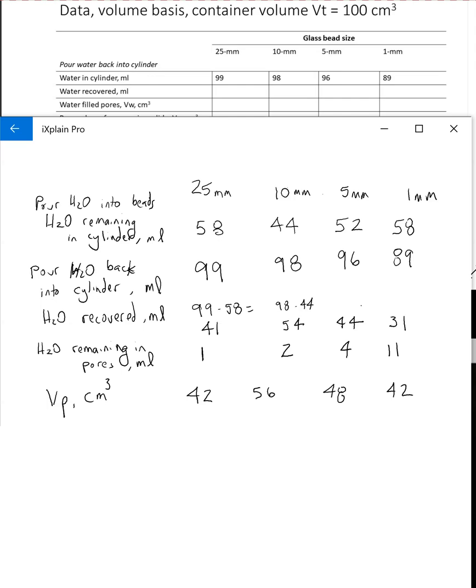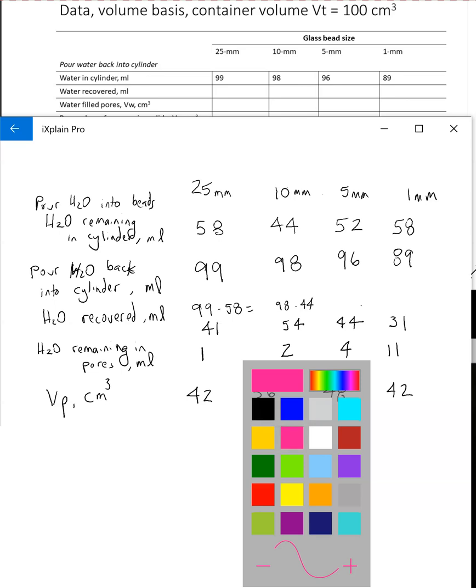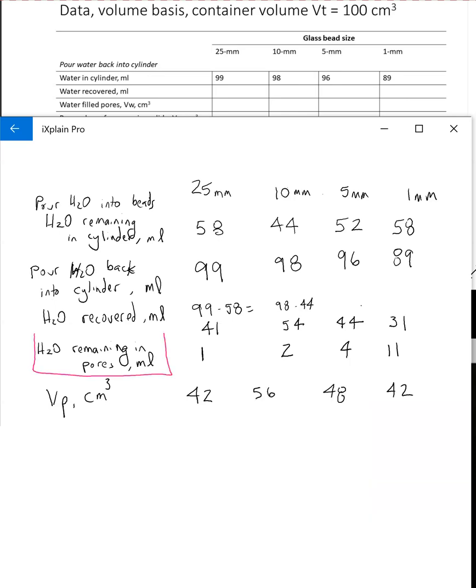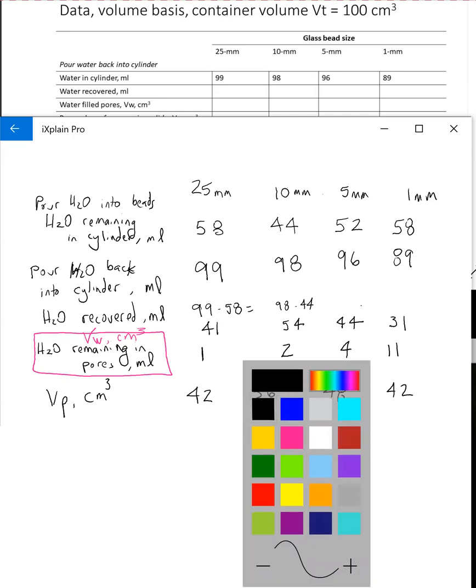So our water-filled pores, we're calling that VW. This is our water-filled pores, the water remaining in the pores, and the value is in milliliters, so that is the volume of water in the pores. And since 1 cubic centimeter is equal to 1 milliliter, that is 1 cubic centimeter. That's water-filled pores.